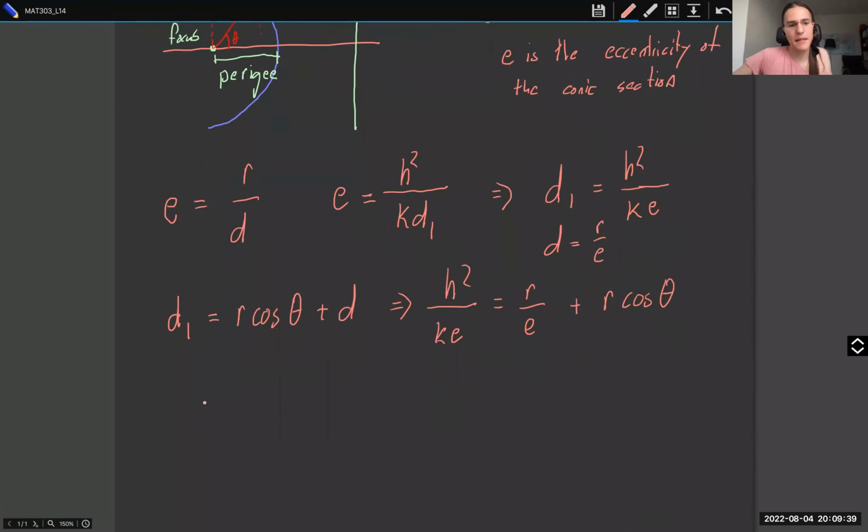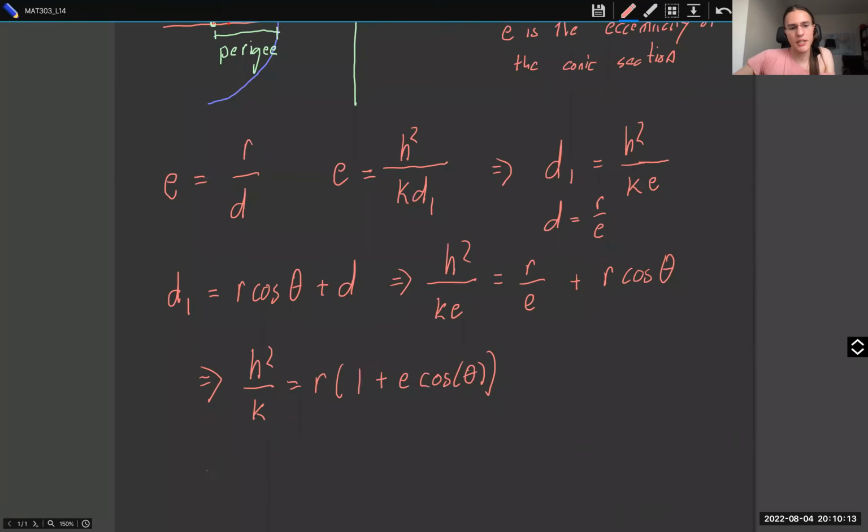And so what's going to happen then is when we rearrange this equation, we can factor an r out. Well, okay, let's do it step by step. So let's multiply everything by e. So we have h squared over k is equal to r factored out, 1 plus e cos theta, right? So that's a good sign.